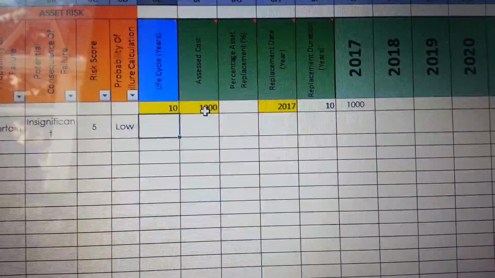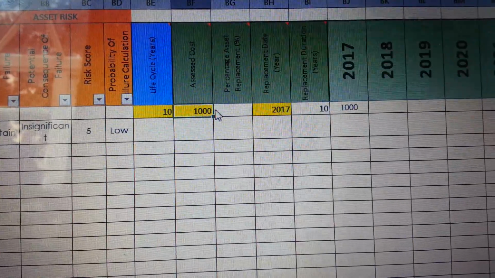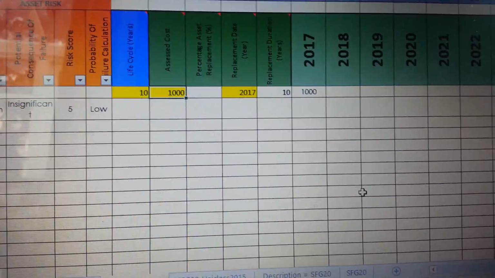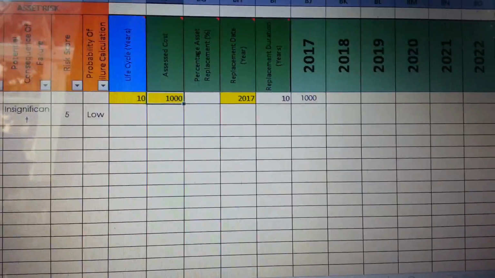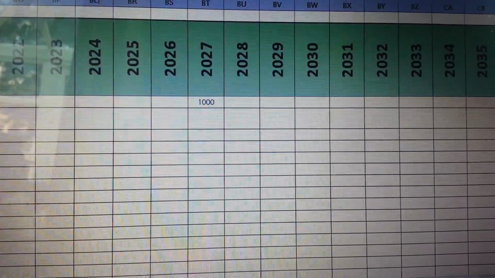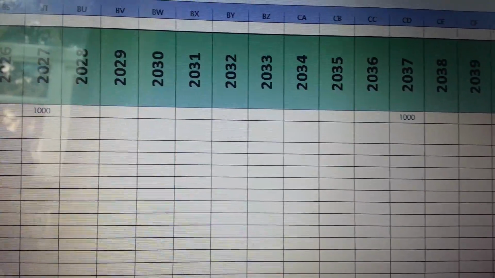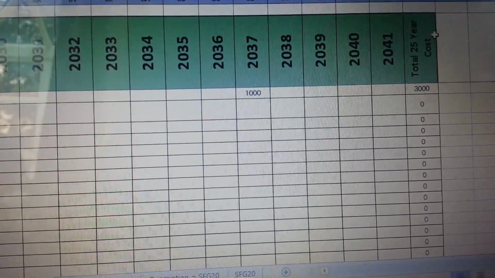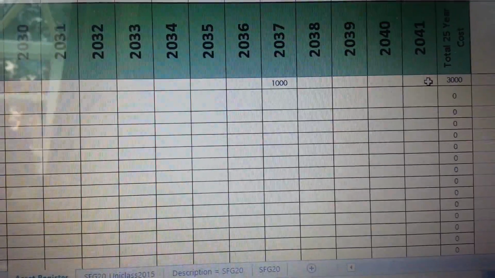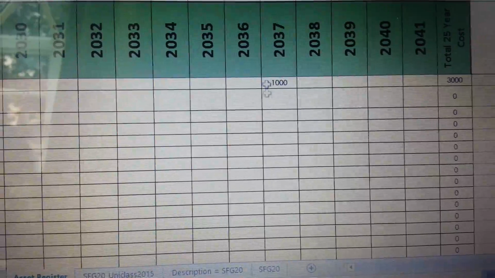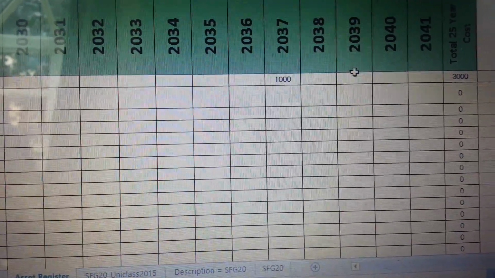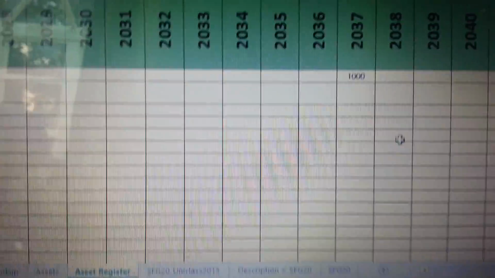What you put in here are calculations relating to its cost, when it should be replaced, etc. And then it pushes it out into that year, which gives you an output at the end of the sheet. You can get calculations off the bottom of the sheet for each year, and then you get a total expenditure on that asset over its life cycle.